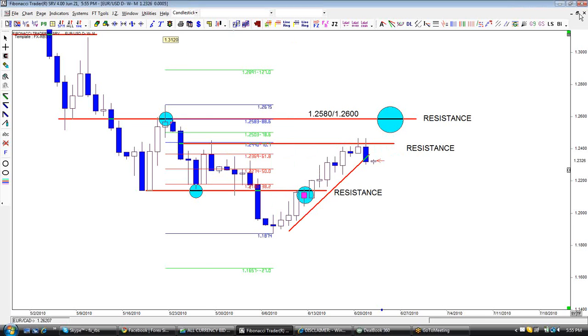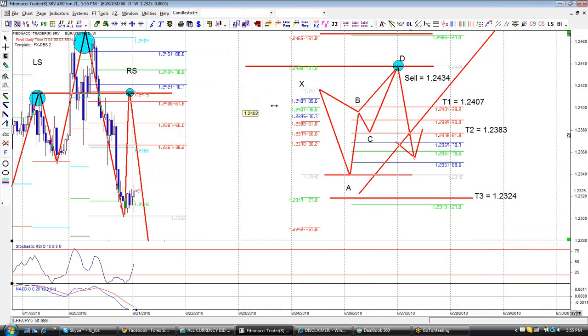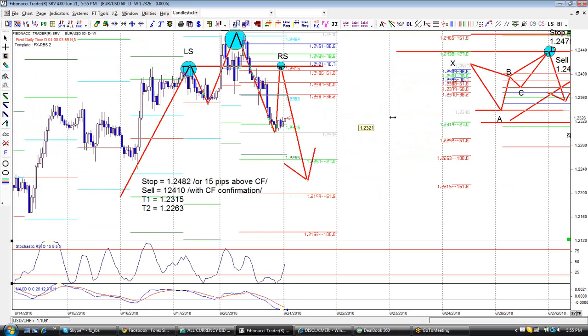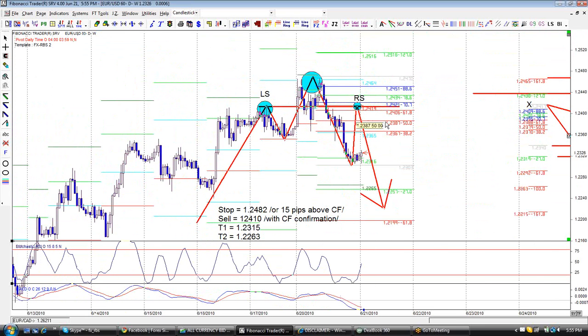On the 1 hour, here we can see a bearish head and shoulders being formed. Right shoulder is at 124.10, 124.15.